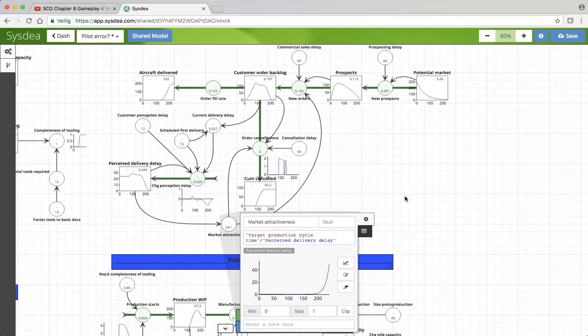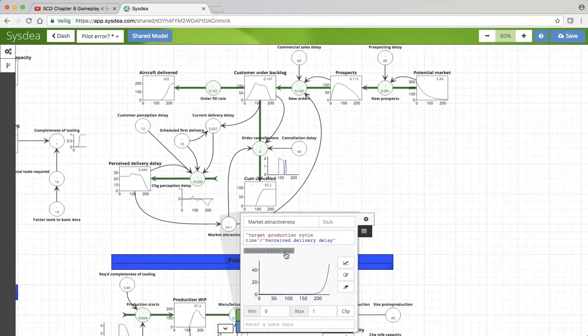The market attractiveness is really a function for which we assume a parameter value of 1. Let me explain that. What it says here is that the market attractiveness is equal to the target production cycle time divided by the perceived delivery delay.